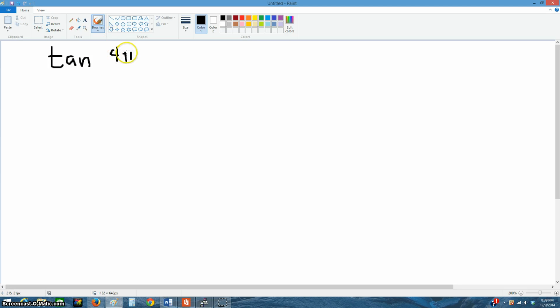Remember that tangent has an identity that says it is sine over cosine. So we're going to take 4 pi over 3, its angle, and put it over cosine. Remember this time that sine represents your y value. Let's not get them mixed up with cotangent.